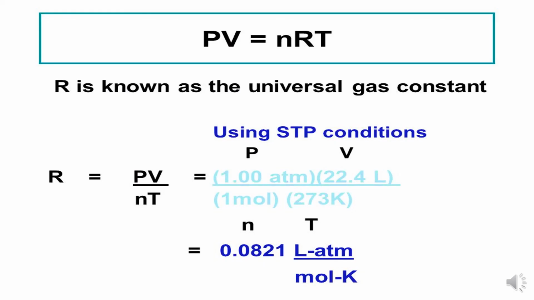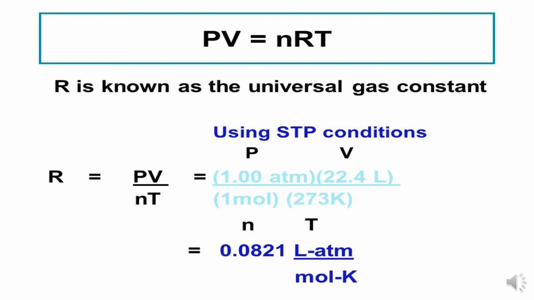R is known as the universal gas constant, and the value of R varies with the units of pressure and volume.